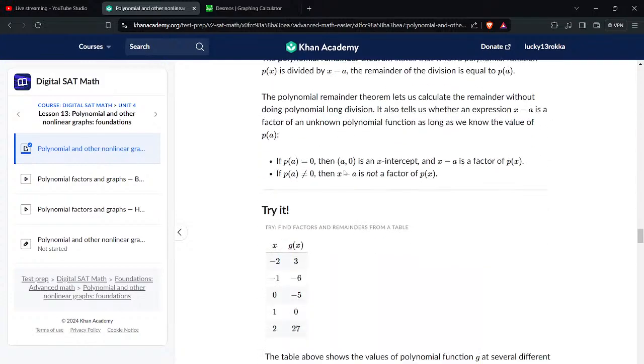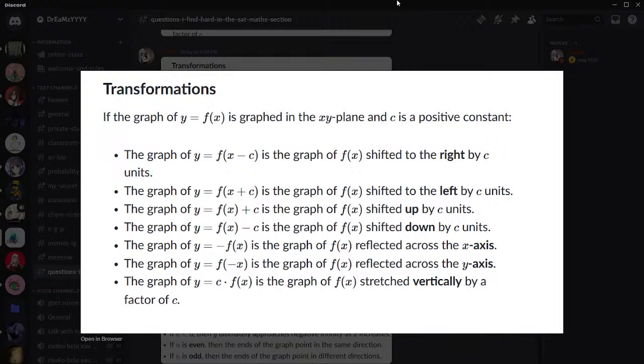I know all the remainder theorem functions. If the graph of y equals f(x), and C is a positive constant, then inside, negative is to the right. Up and down if it's outside.